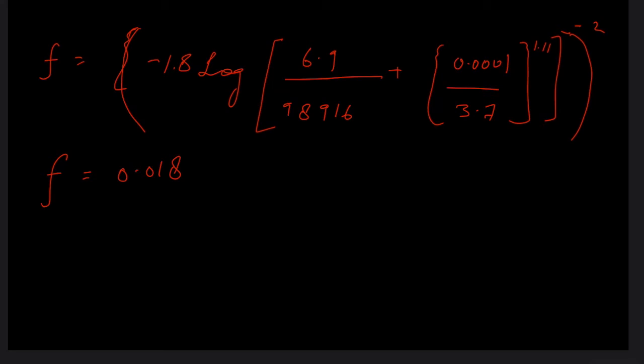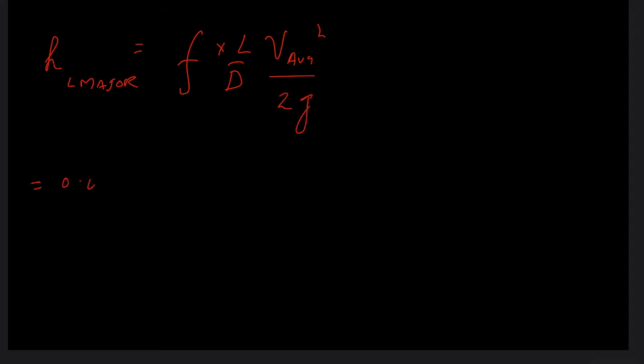Now we know the friction factor, we need to calculate the losses. Total losses, HL total, is equal to HL major plus HL minor. This friction factor was for the major loss of the piping system. I'm going to calculate HL major first. Head loss major is equal to f into L over d, V average square over 2g.